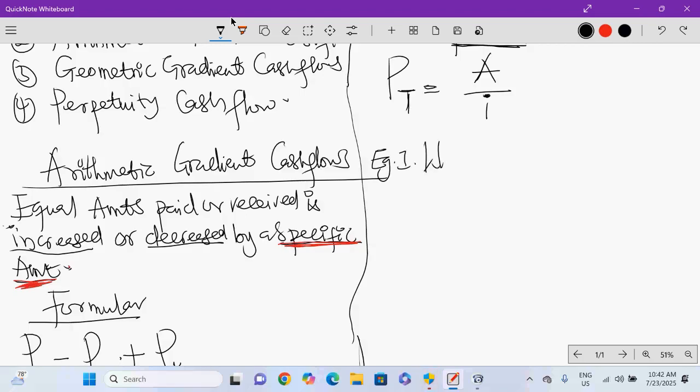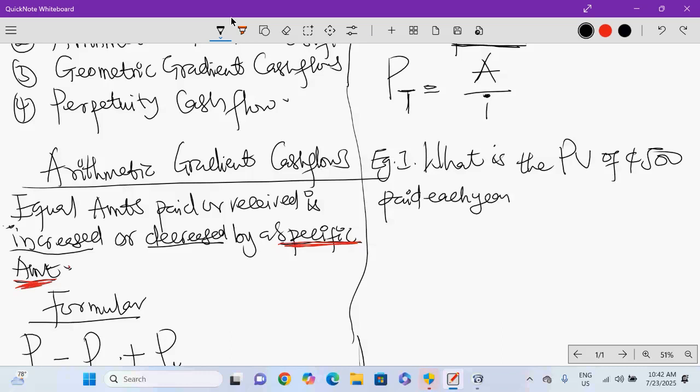Example 1. What is the present value of 500 cedis paid each year forever? The key word you should be looking at is forever.